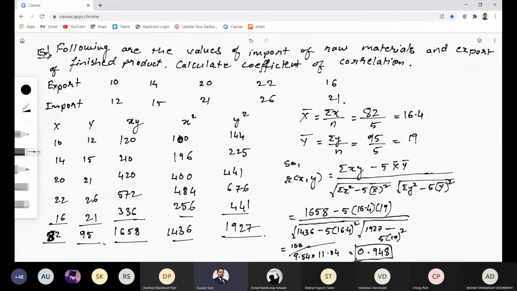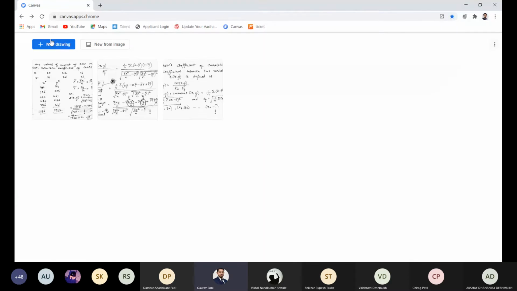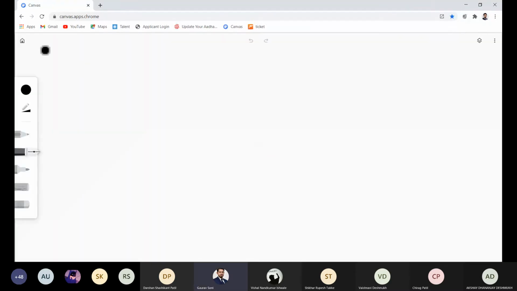So in some cases, this can become negative. Sir, this method is used for finding the relation between two quantities, where there is no such equation or relation between them, right?